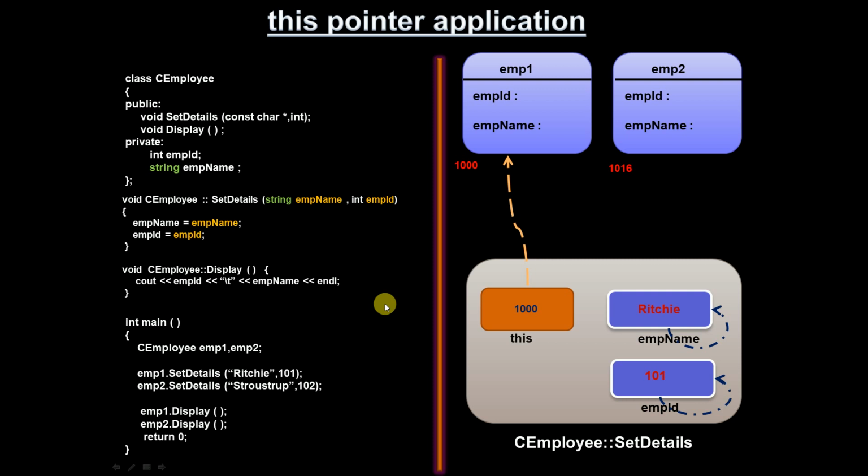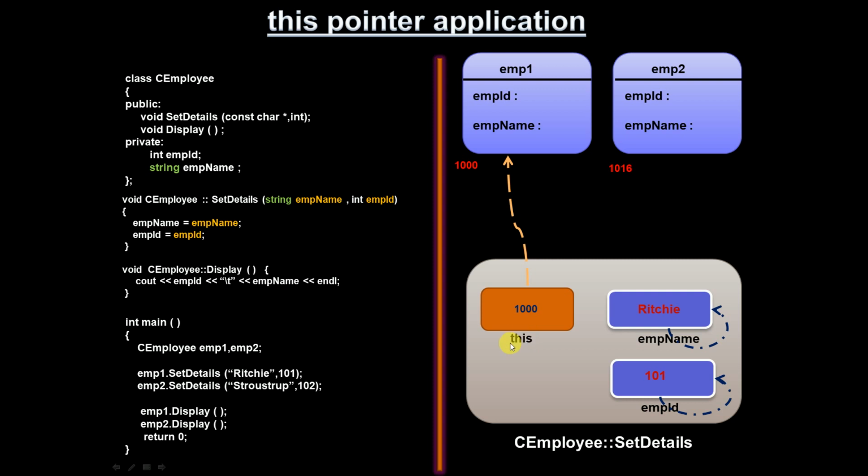Now what is the solution here? Your compiler is getting confused whether to copy this content to the object who is invoking it, or whether to copy it to the local variables, because always the priority will be given to local variables. So for this, the solution is you explicitly mention that this emp name belongs to the invoking object.